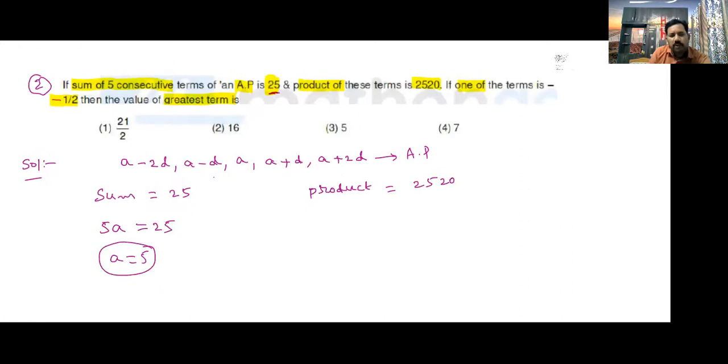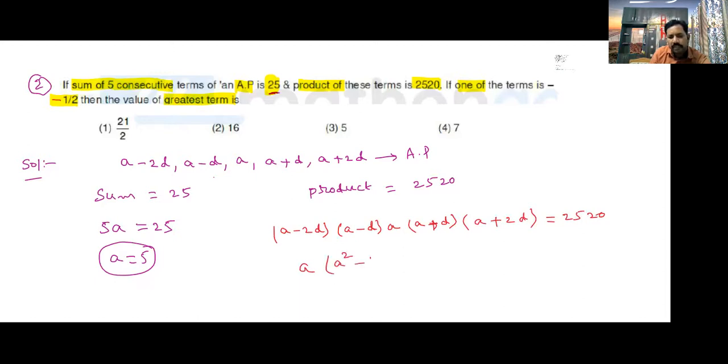Now the product: a minus 2d, a minus d, a, a plus d, a plus 2d, that is equal to 2520.